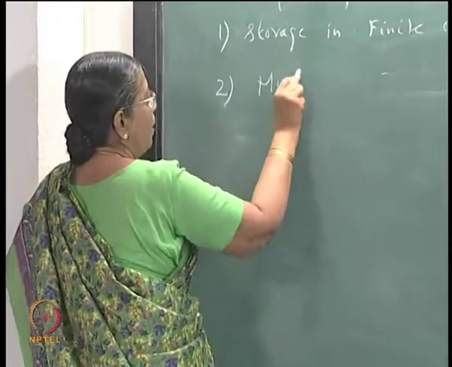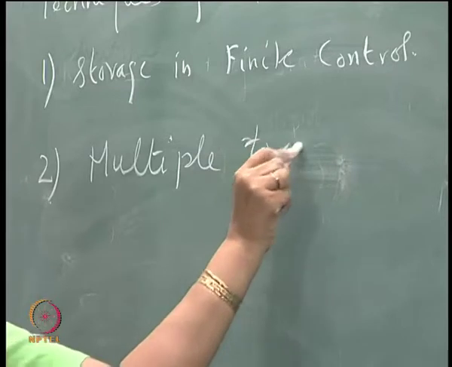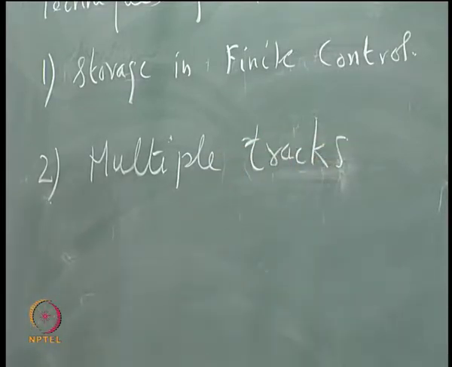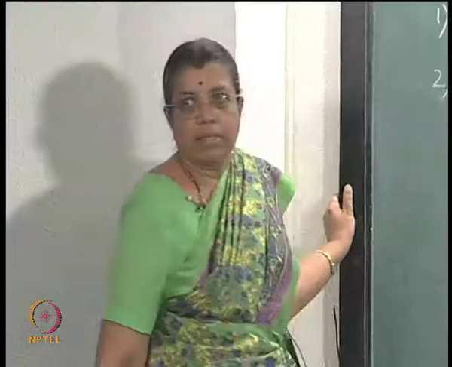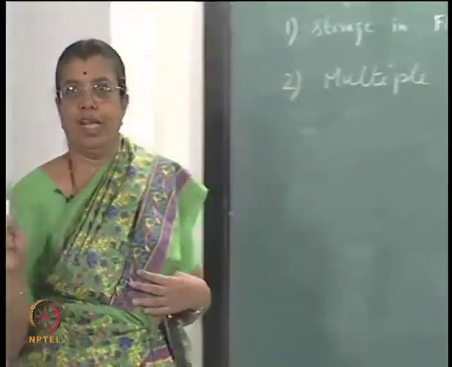Then you can have multiple tracks. The tape, so far we are considering only one tape. We are assuming that the Turing machine has got only one tape. In fact, multi-tape Turing machines are there.